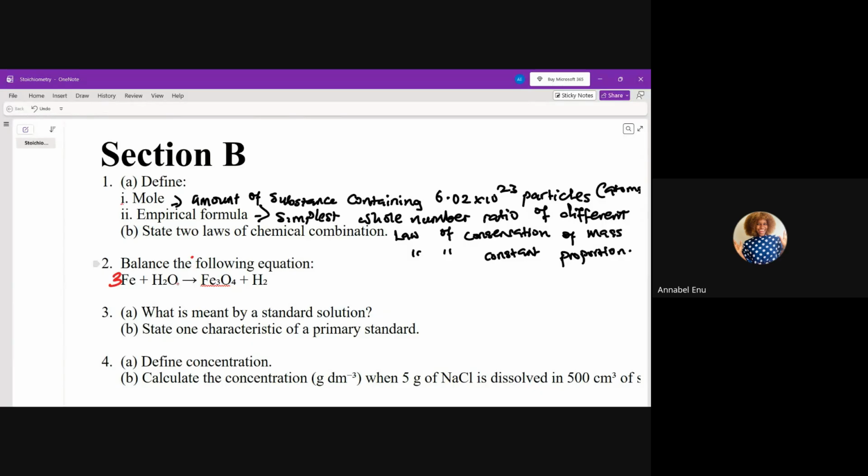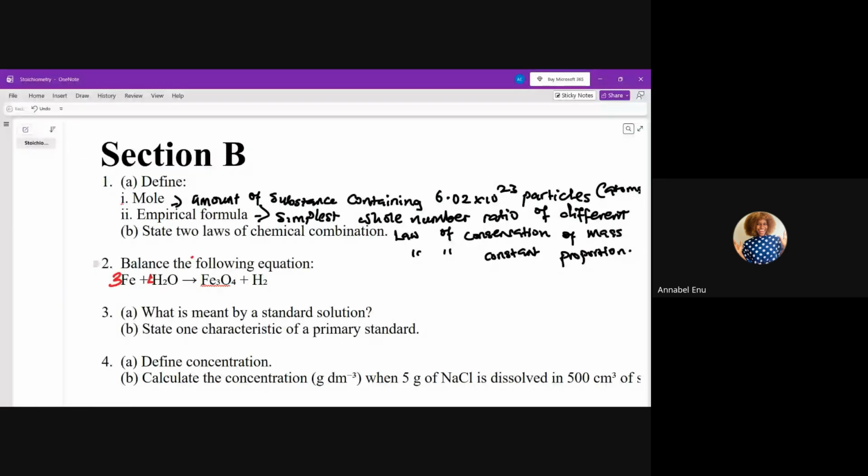We can't come and be adding anything here, maybe adding 4 here, because when we add 4 here, we are creating a new compound entirely. This is no longer going to be water. Even if we add 2 here, we are still creating a new compound. But if we alter the coefficient, we are only increasing the amount of water. We are not changing the fact that it is water. So that is why we can only alter the coefficient to be 4.